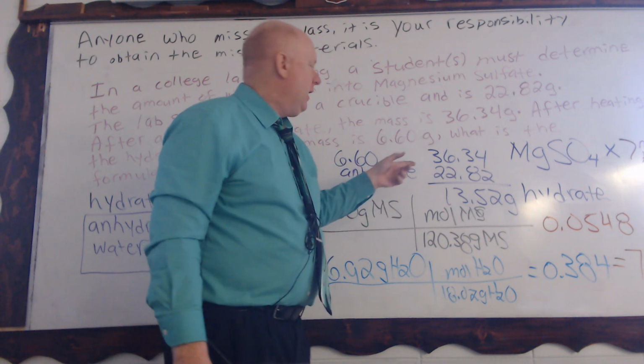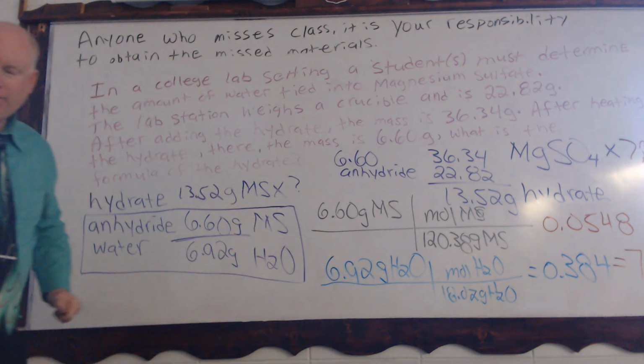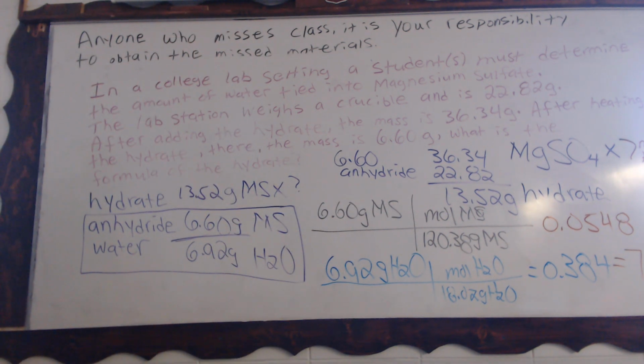Okay? Because in this case, maybe you come up with, I don't know, 8.10. Okay? Then maybe you let it heat for a little longer. Now it's not 8.10, it's 7.48. What does that tell you? You're still burning some water off.